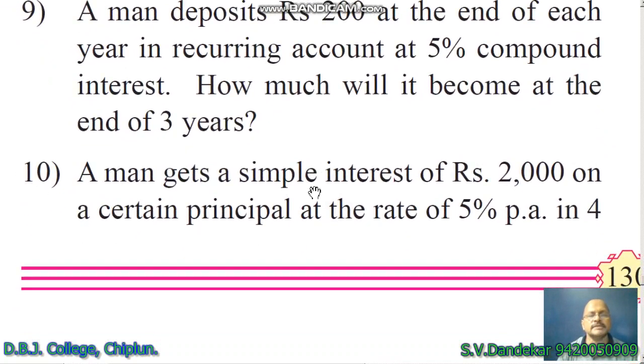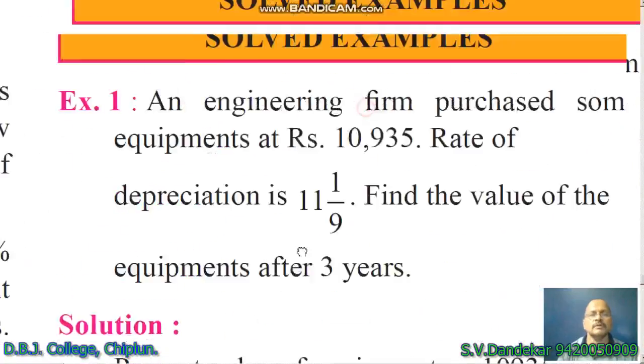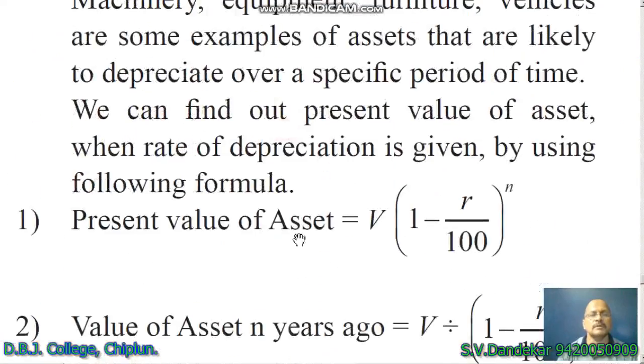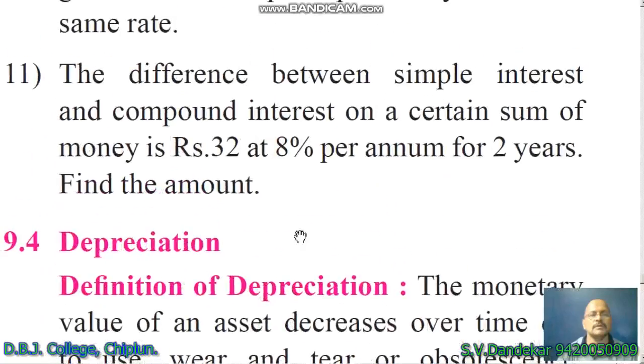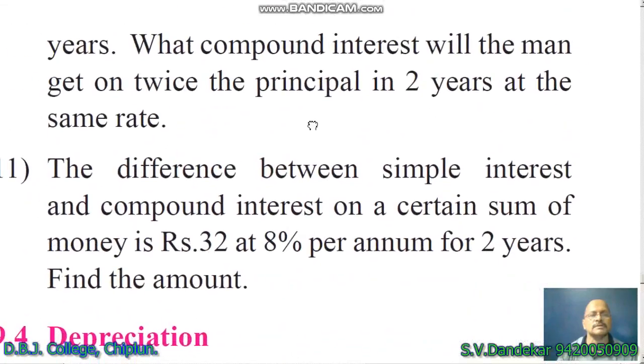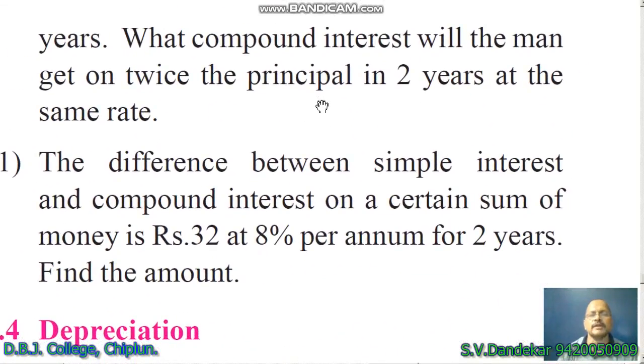A man gets simple interest of rupees 2000 on a certain principal at the rate of 5% per annum in 4 years. What compound interest will the man get on twice the principal in 2 years at the same rate?